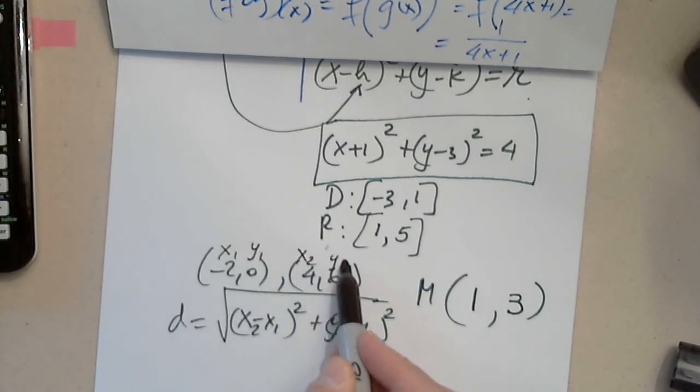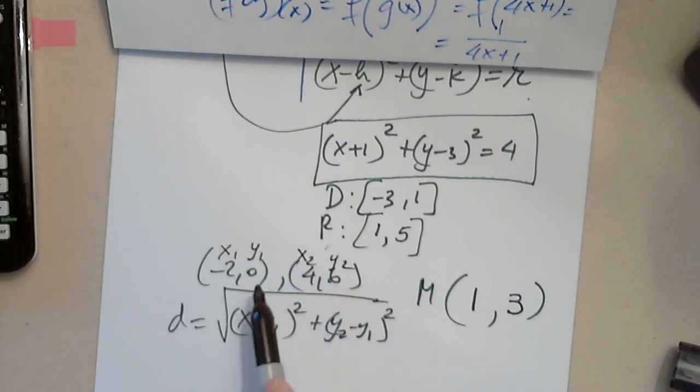So now in order to find the distance, I will call this one x1, y1, and x2, y2. So I have 6 minus 0 and 4 minus -2.